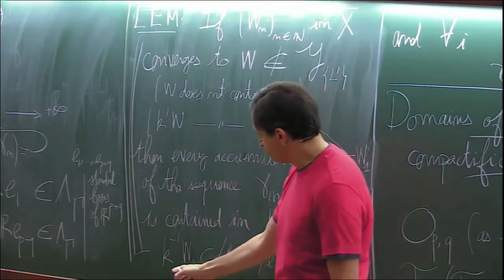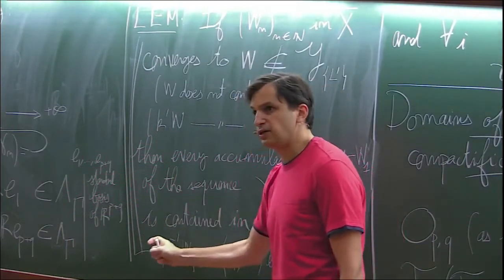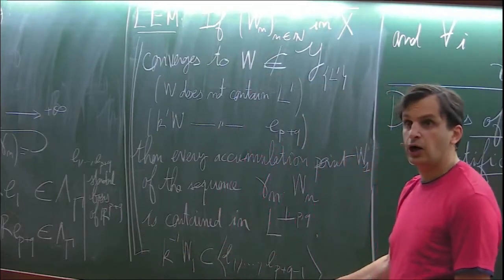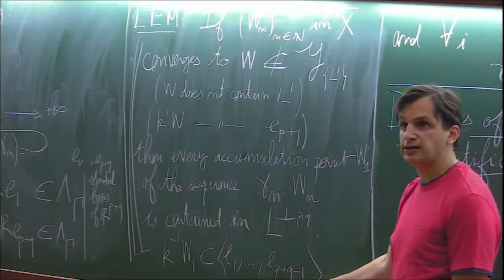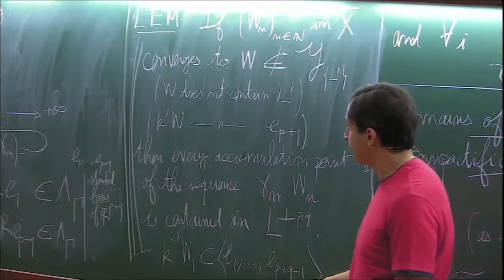So every element in this space has 0 coordinate on the last vectors.